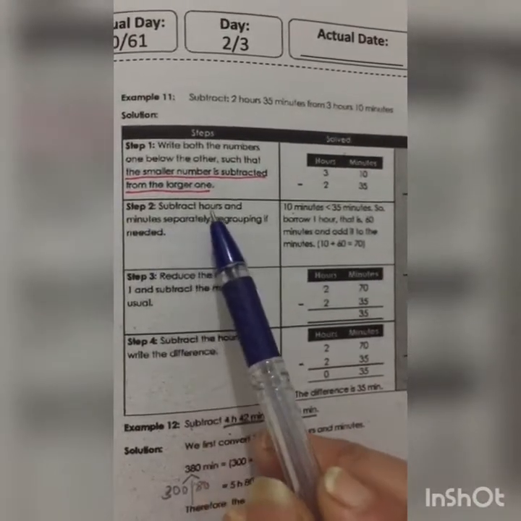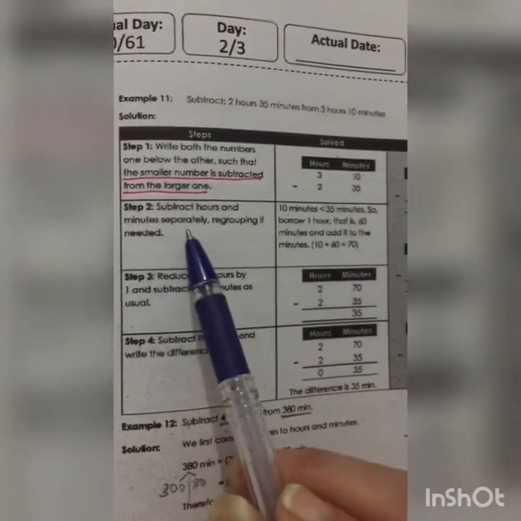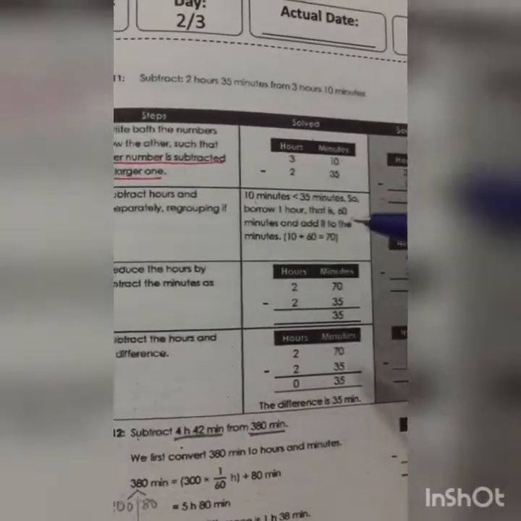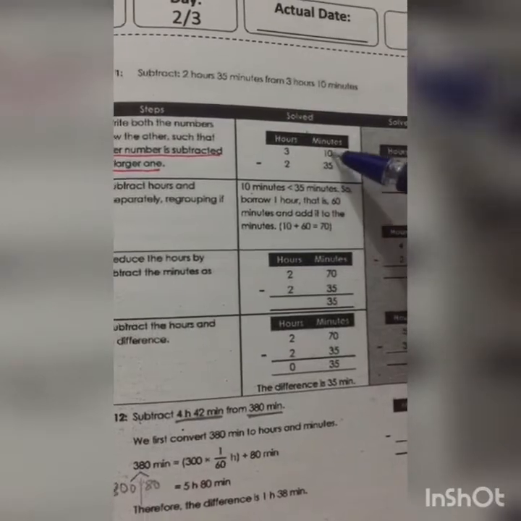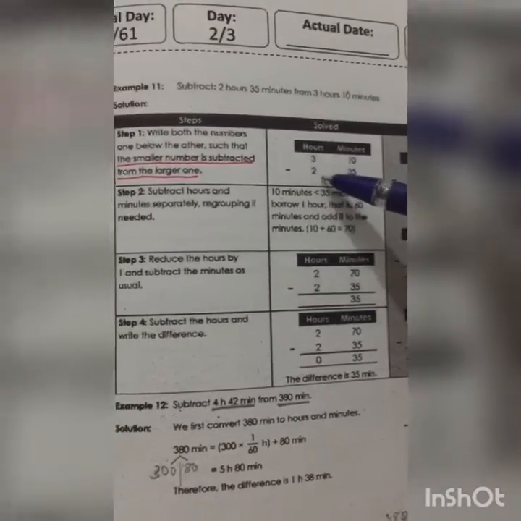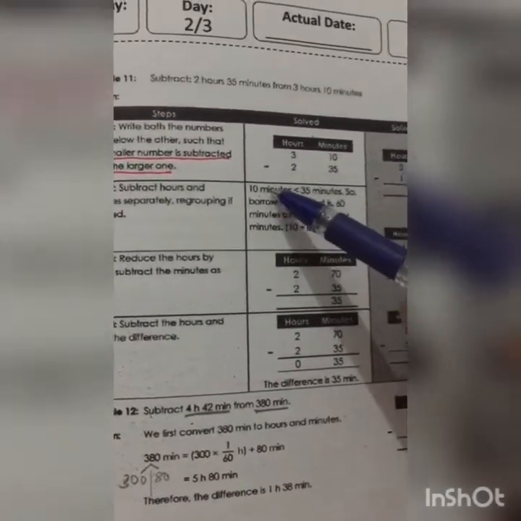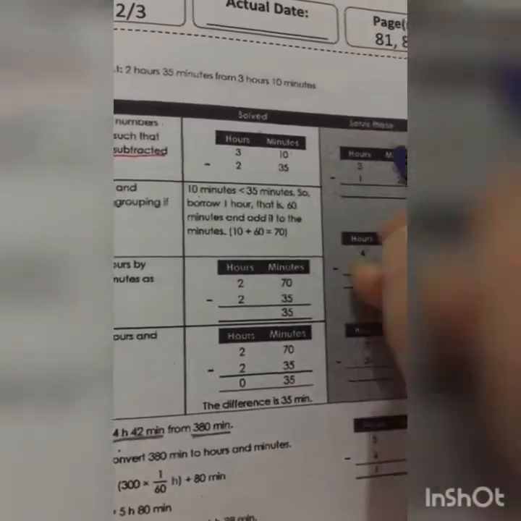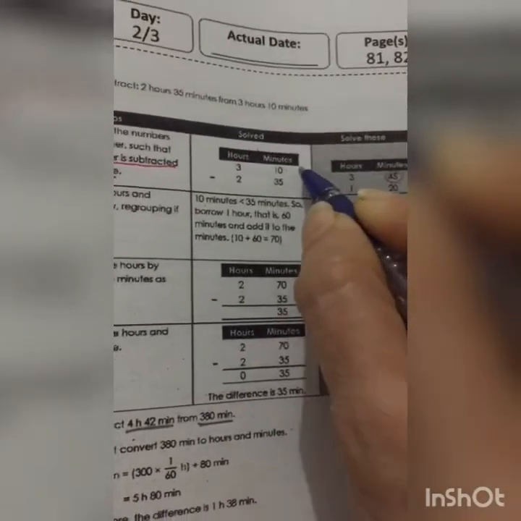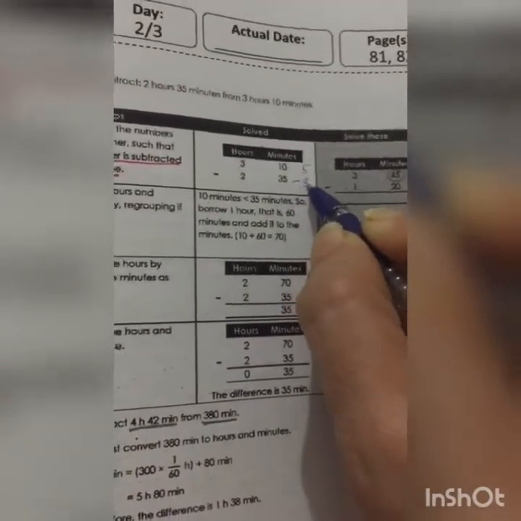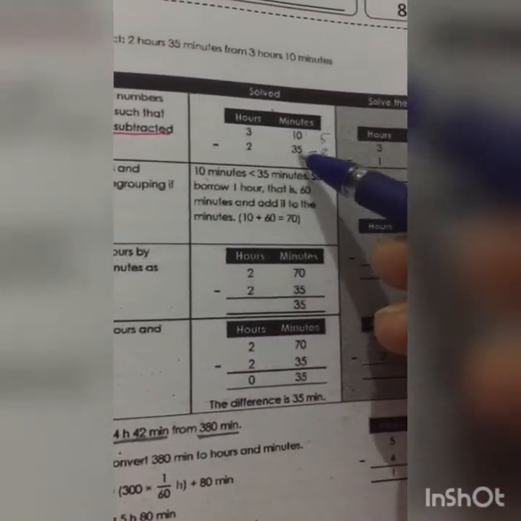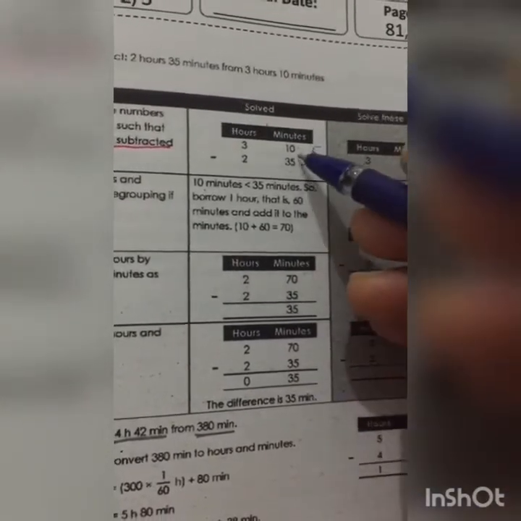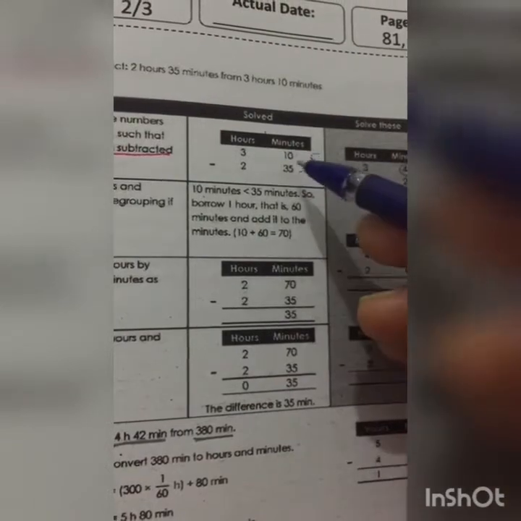Step 2 is subtract hours and minutes separately, regrouping if needed. Means here you will start subtracting minutes and then hours. Now 10 minutes. Here if you see, simple example students, we can't subtract 8 from 5. The same way we can't subtract 35 minutes from 10 minutes, because 35 is more than 10, so we can't do that.